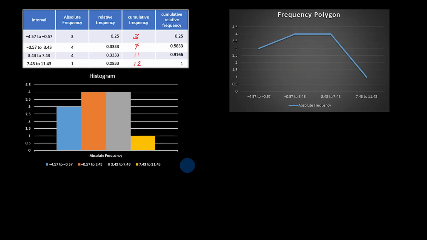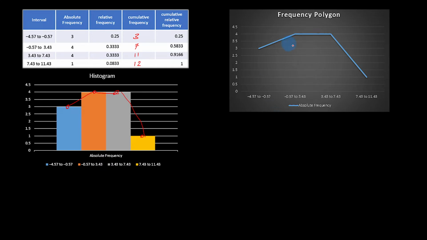Let me do something here. If this is the middle of this interval, this is the middle of this one, and this, let me connect these lines. Now this is a cleaner version of what I've done here.